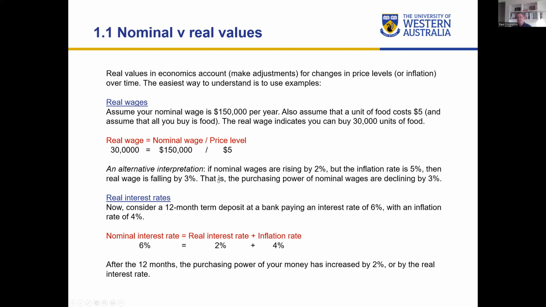And so what I've highlighted here is really just considering this equation, but in terms of growth rates of these three different variables. So once again, if you tell me your money wage and I don't know anything about the price level, it's a meaningless number to me.